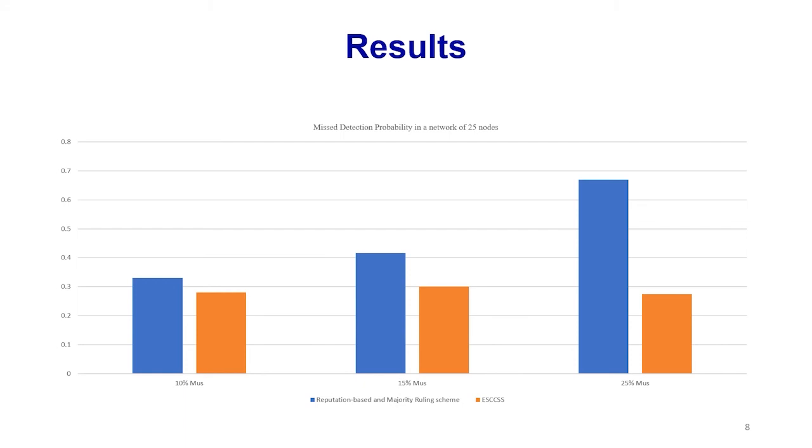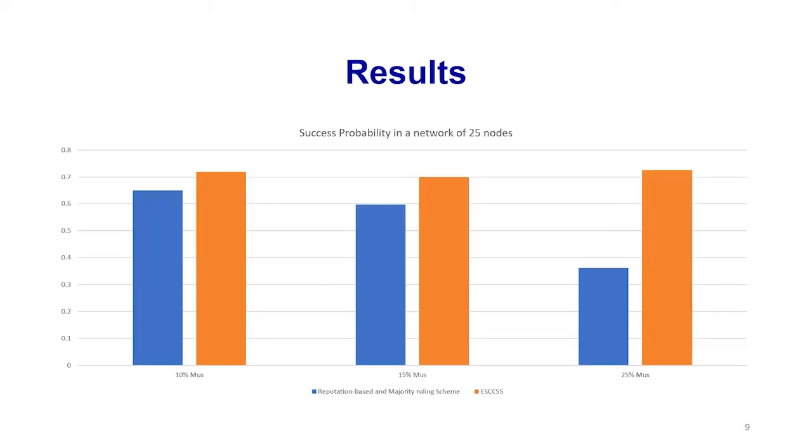ESCCSS maintained, I can say, nearly equilibrium. It shows that ESCCSS outperforms the majority ruling scheme. Then we looked at the success probability, the success in detecting malicious users.